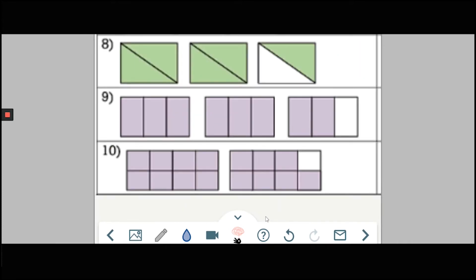All right. These ones don't give us a whole lot of room, but that's okay. So let's take a look at number 8. What's our mixed fraction here for number 8? It is 2 and 1.